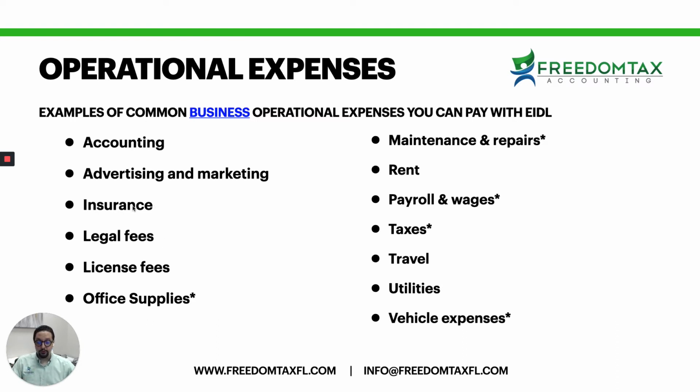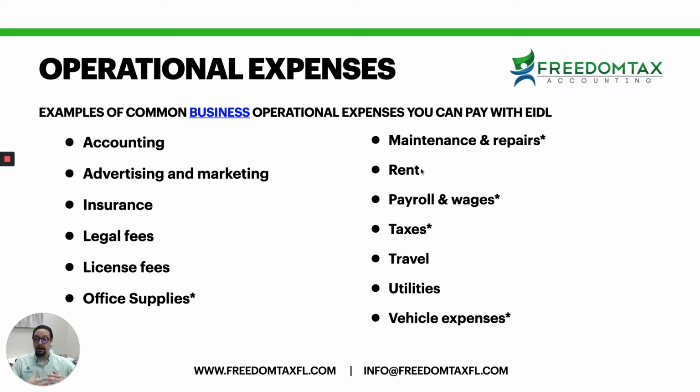Now, in the insurance part, if you're self-employed, you can pay the insurance of anything related to your business. For example, if you are an Uber driver, then the car is a part of your business. So the insurance of the car you use for Uber, you can pay with the EIDL. Okay, license fees, office supplies, maintenance and repairs of the business, rent of the business.